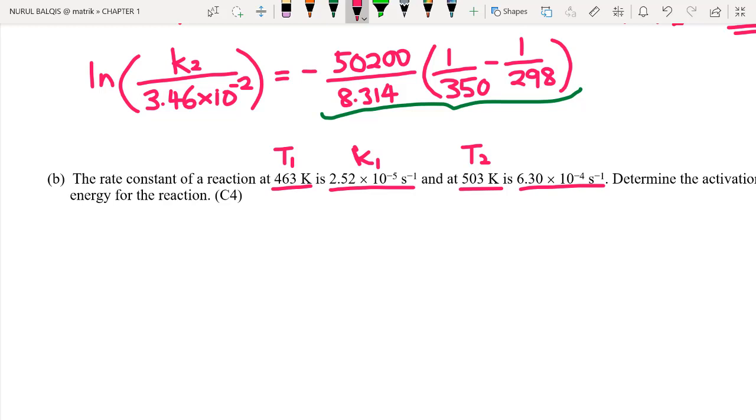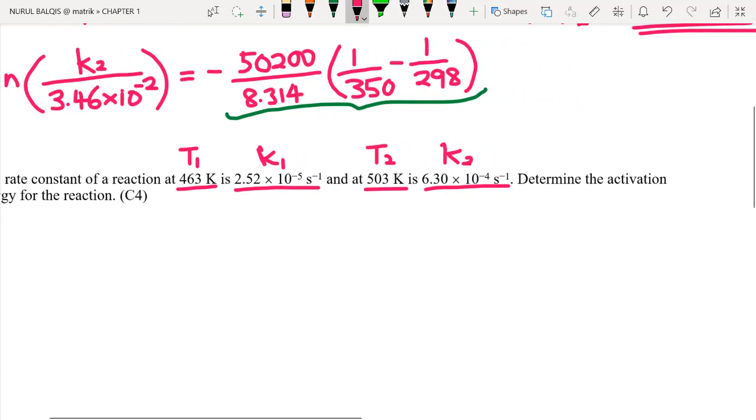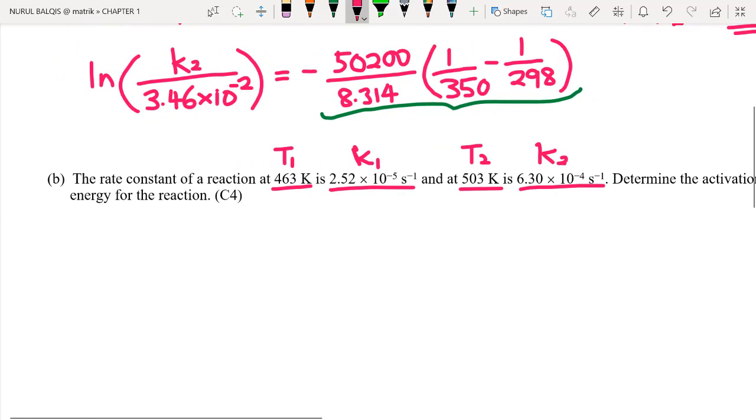So this is our K2. Now, the question asks you to determine the activation energy for the reaction, so the activation energy is going to be the EA.